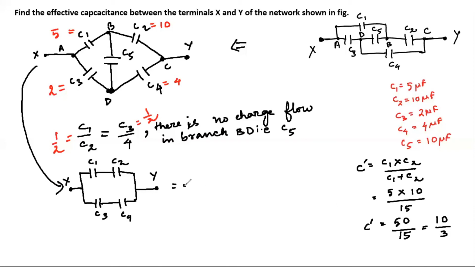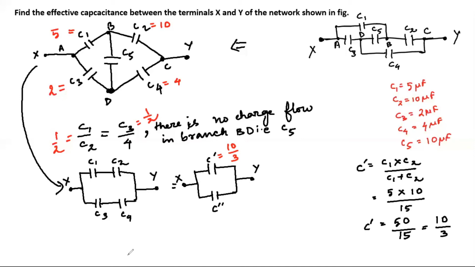So let's just redraw that again. C dash. C double dash is the equivalent capacitance of C3 and C4. We are going to calculate that also. So C dash is 10 by 3.